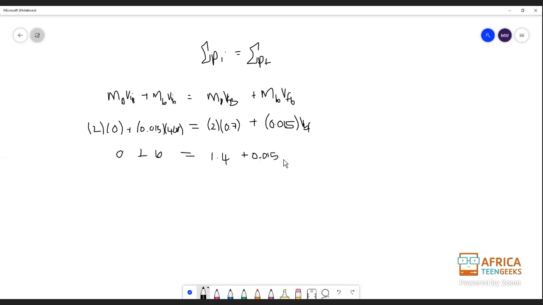0.015 times the final velocity of the bullet. Subtract that, and you get 4.6. Okay, so 0.015 times v is equal to 4.6.